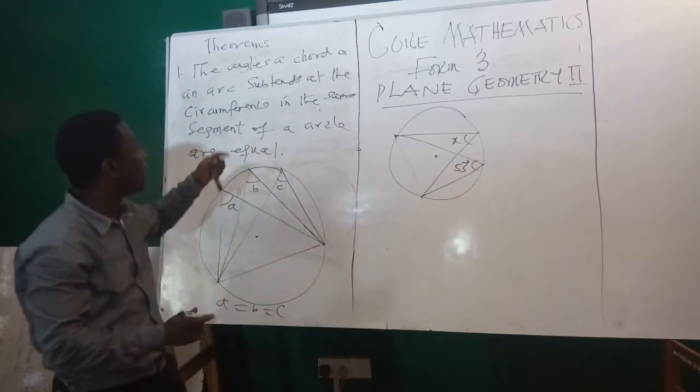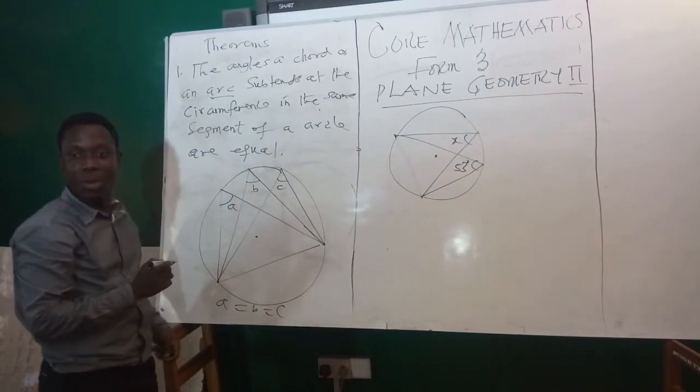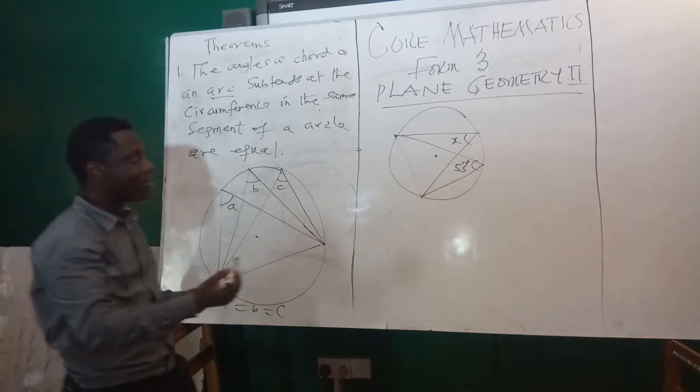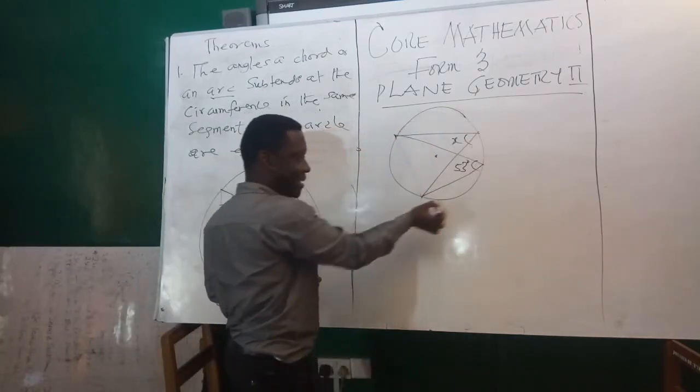That is why we talk about an arc. So that's why we say we are talking about the angles a chord or an arc subtends, so in this case, we are talking about this arc.